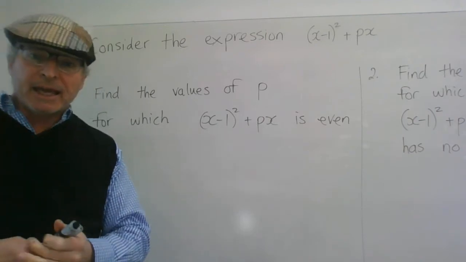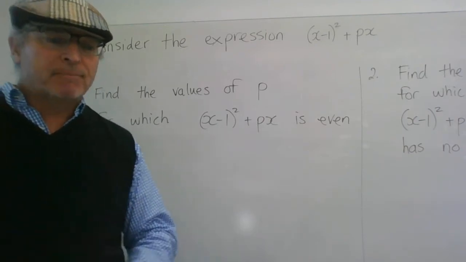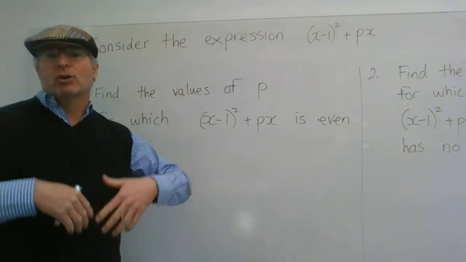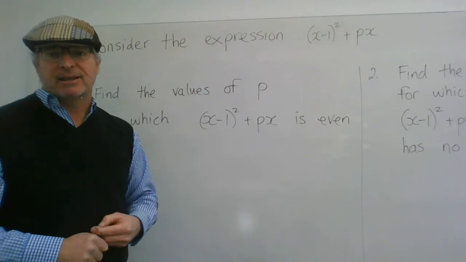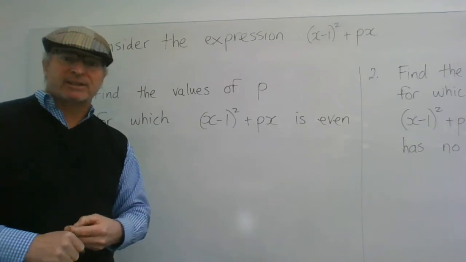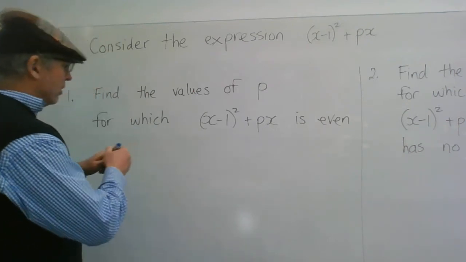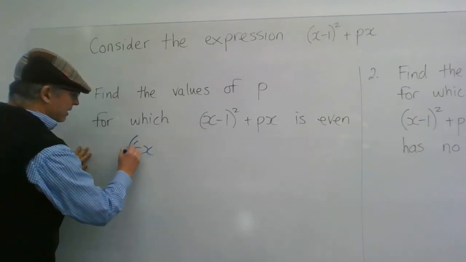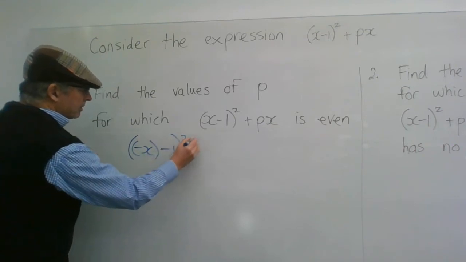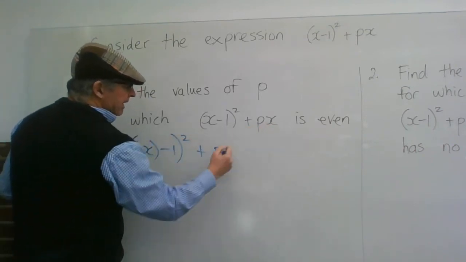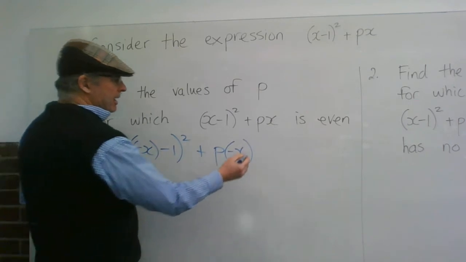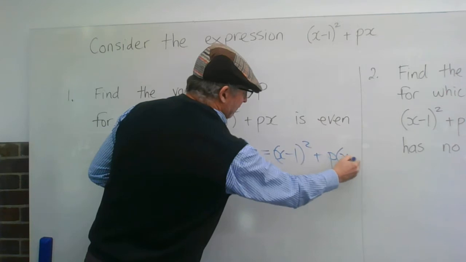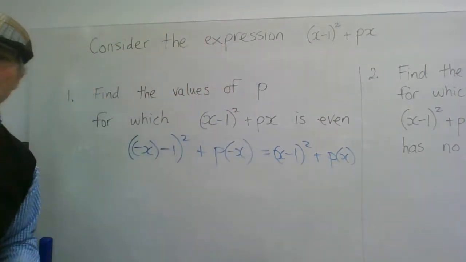Well, what does being an even function mean? It means that if you put minus x in, you get the same as if you have x in there. f of minus x equals f of x. So we're saying that if you put a minus x in there and a minus x in there, it should be the same as just if you have x's in those two positions.